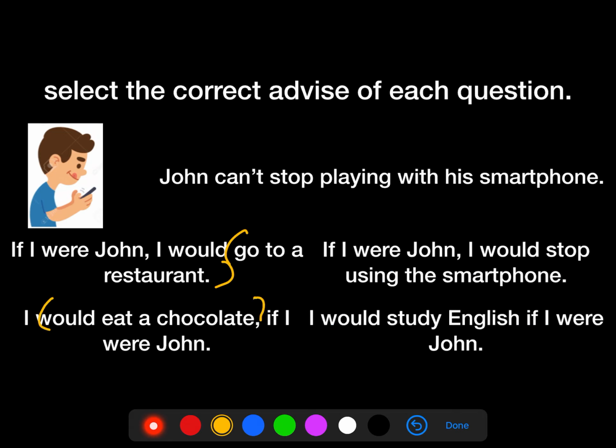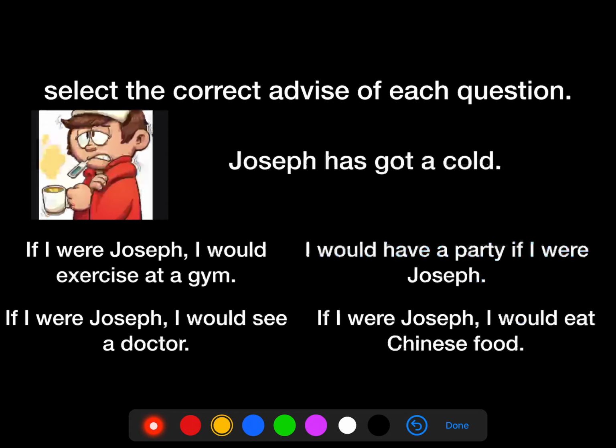Number three, if I were John, I would stop using the smartphone is the third advice. I would study English if I were John. That's the fourth advice. So among these, which would be the correct advice? What do you think? The answer is, if I were John, I would stop using the smartphone is the correct answer. Very good.